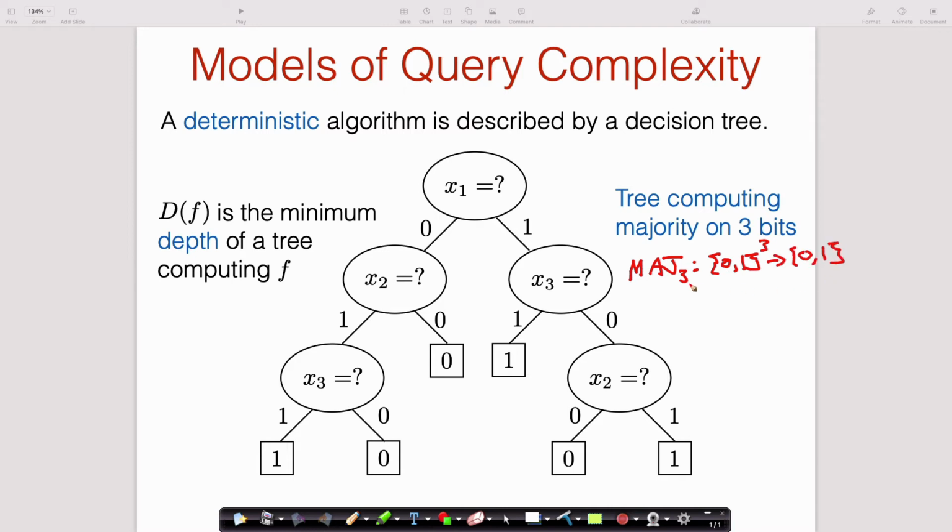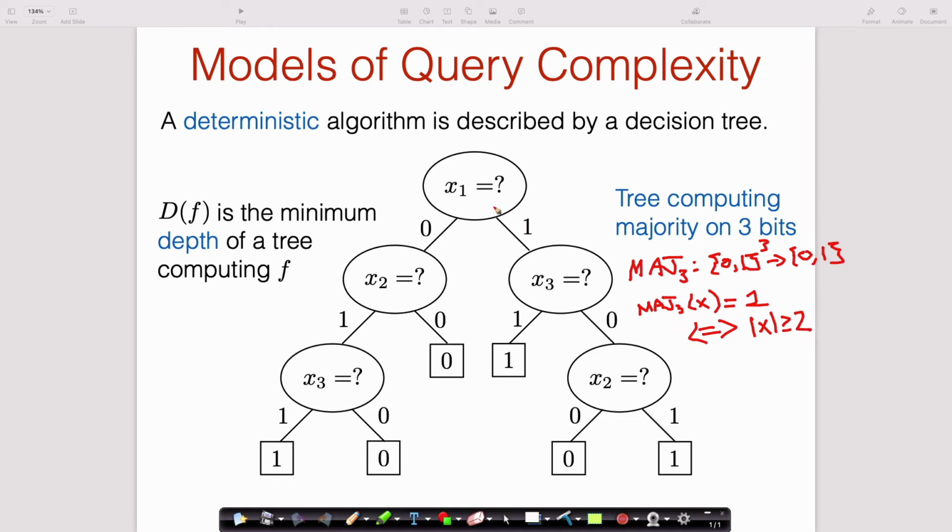Majority of 3 on an input x is going to evaluate to 1 if and only if x has at least 2 ones, so if and only if a majority of the bits of x are 1. Equivalently, it evaluates to 1 if and only if the number of 1s in x, the Hamming weight of x, is at least 2.